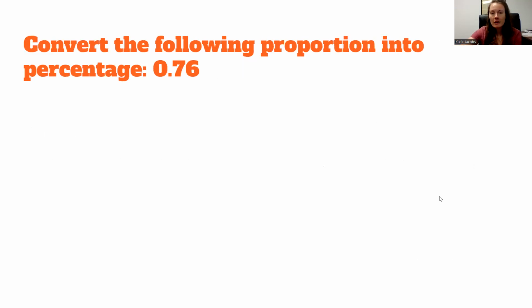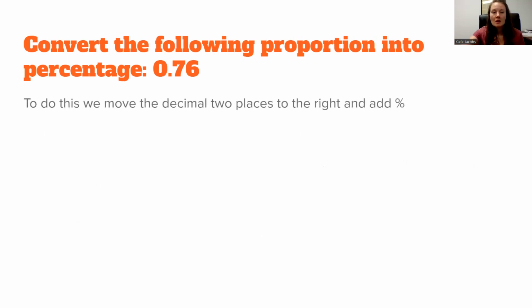All right, go ahead and convert the following proportion into a percentage. And this might not be something that you've done before. I'm going to keep testing you over this over and over again because we're going to have to be able to think really quickly. How do we convert a proportion into a percentage? All right. So to do this, we're going to move the decimal 2 places to the right and then just add a percentage sign.